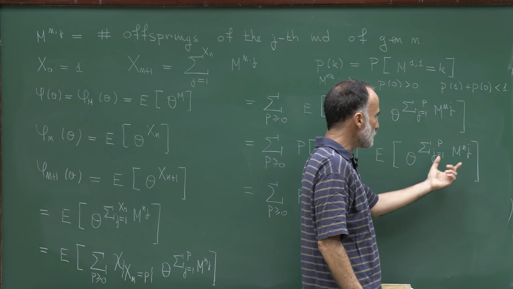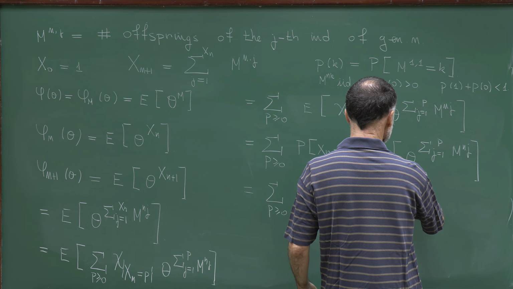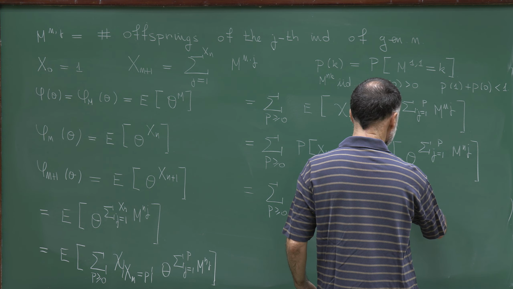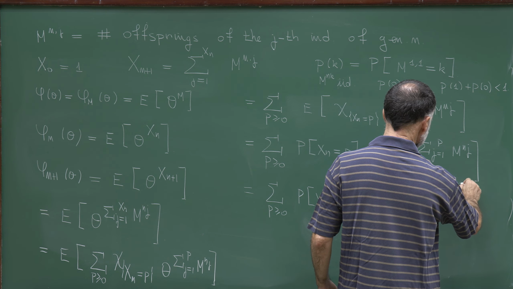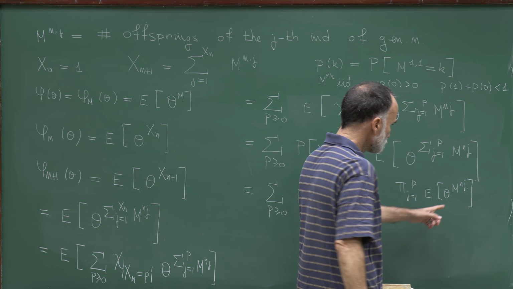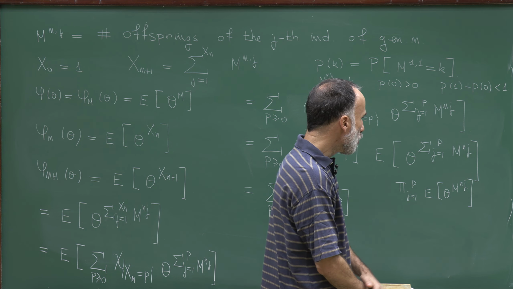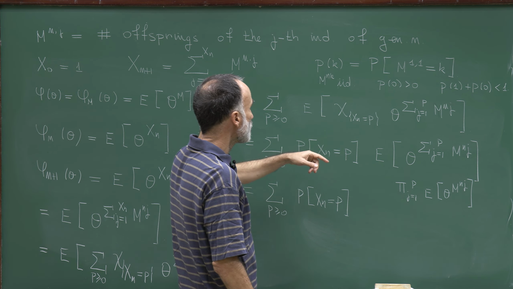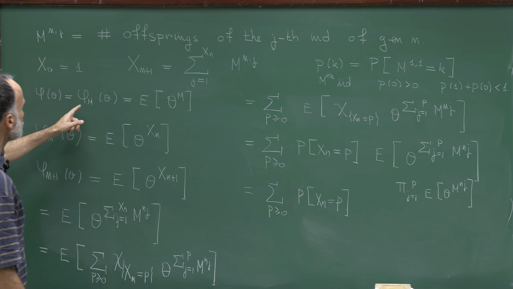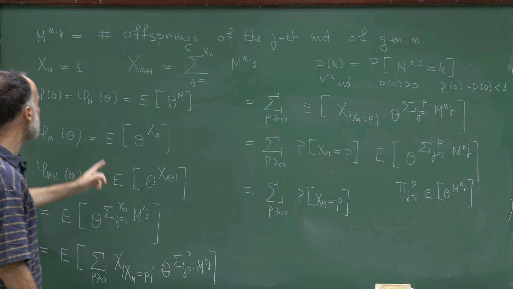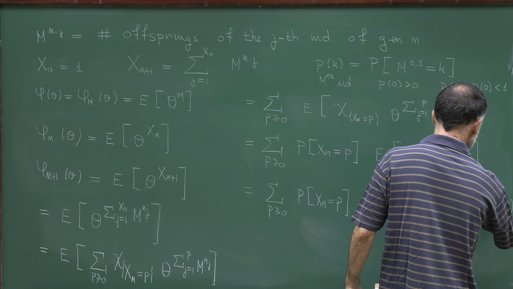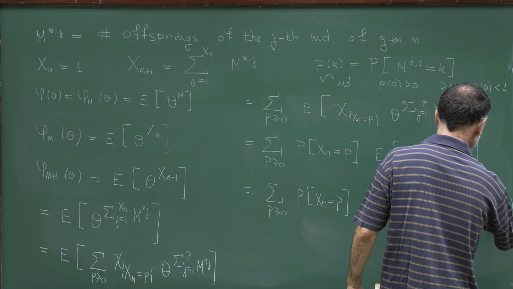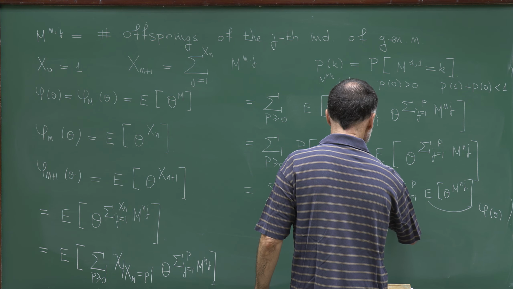Since they are independent, this is equal to the product from 1 up to p of the expectation of e to the theta mnj. But since these variables are all identically distributed, and I represent by phi the moment generating function of m, all these are equal to phi of theta, and since I have p of them, this is phi of theta to the power p.